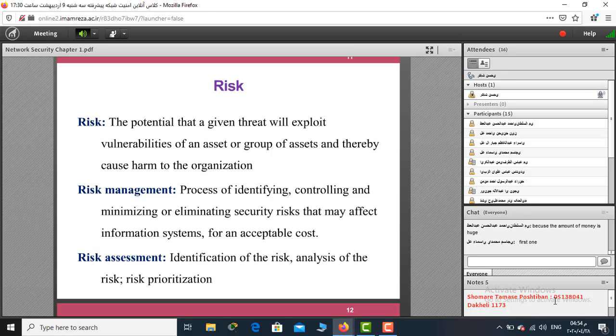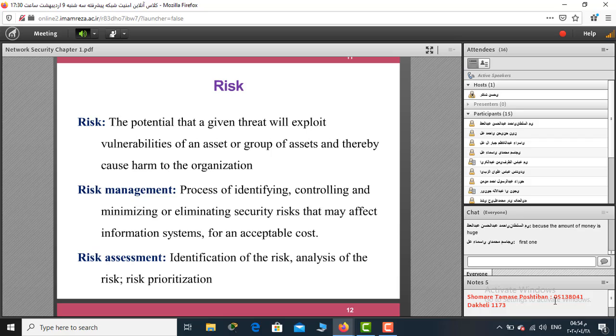The potential brings the meaning of both probability and value of loss. Well, in the next slide we will return to this idea of risk and its factors.